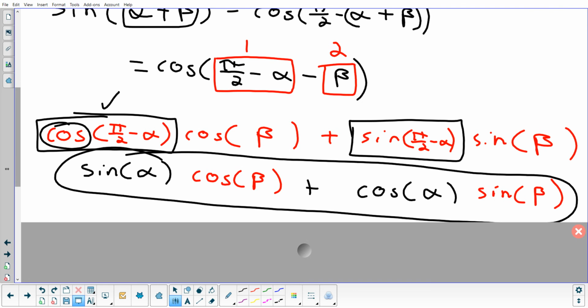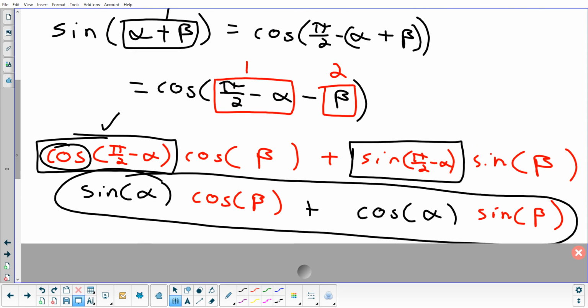Okay, so look at the difference here compared to cosine formulas. Does anybody notice something that's different when you compare this to the cosine identities we just did? Yep. Sine is on both sides and so is cosine. Yep, they're mixed. You don't have cosines on one side and sines on the other, they're mixed.